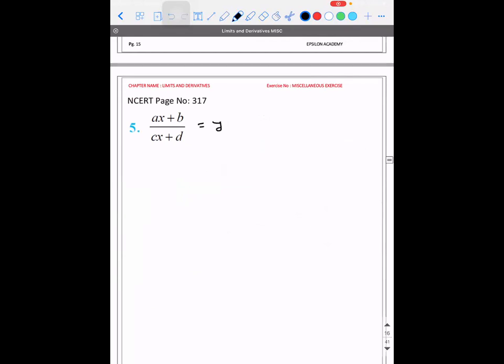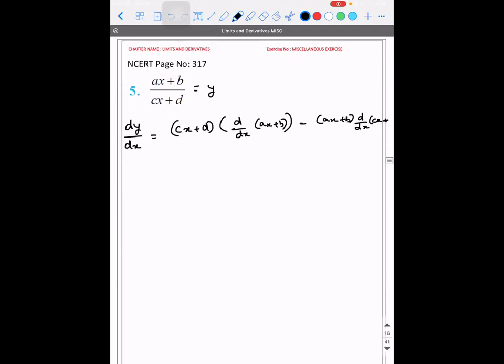So this is y. Ax plus b by cx plus d is y. So dy by dx will be equal to cx plus d into d by dx of ax plus b, that is denominator into derivative of numerator, minus numerator into derivative of denominator, by the denominator cx plus d the whole square.